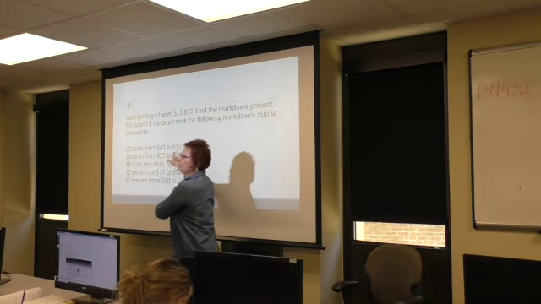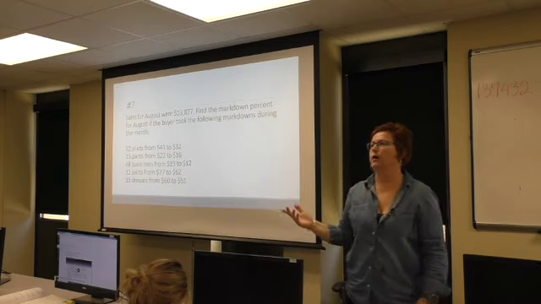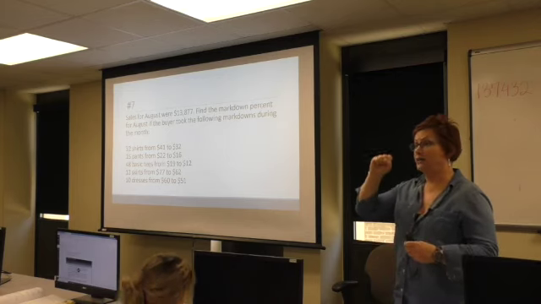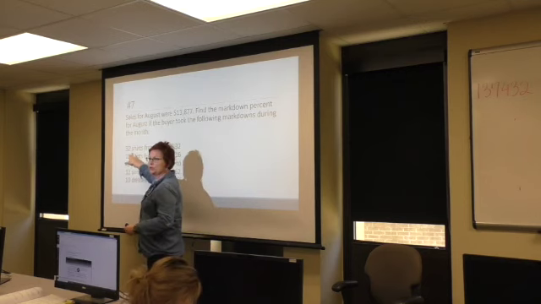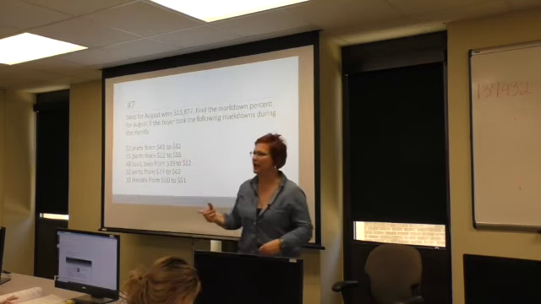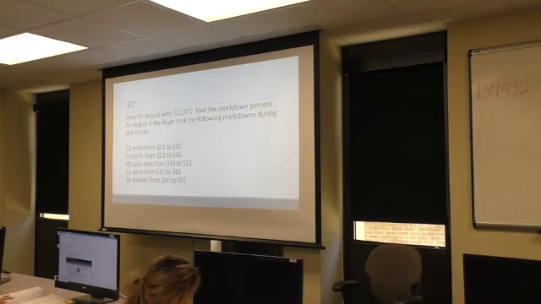All right. 41 minus 32, and what does that equal? 9, right? Then, in order for me to figure out what the cost of the markdown is going to be, I need to multiply that by the number of shirts that I'm marking down, right? So 41 minus 32 is 9. 9 times 32 is equal to 288.